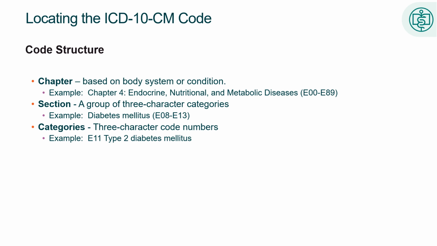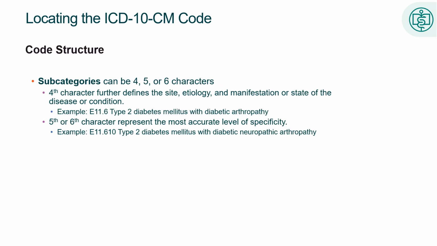Regarding coding structure, codes can be as short as 3 characters or as long as 4, 5, 6, or 7 characters in length. The coding structure is important because the additional 4th, 5th, 6th, and sometimes 7th characters help further define the condition.